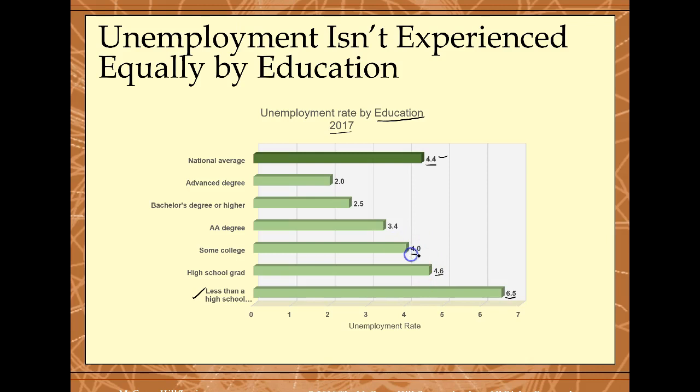With some college but not a degree, it drops even further. With an associate's degree, a 2-year degree, it drops even further. Those with a bachelor's, it drops even further. And those with a master's or maybe a PhD, it drops even more. So it goes to show you that the more education and training you get, the more positive benefits you see in the labor force.